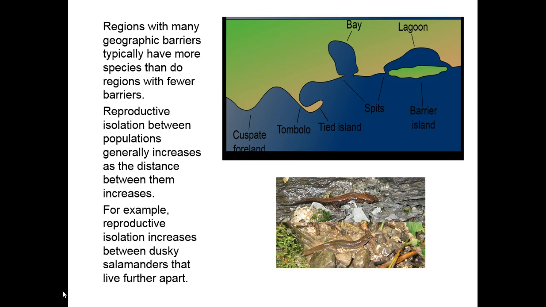The isolation clearly decreases between populations if the distance decreases, but if the distance increases, then the isolation is going to increase. That's a pretty obvious thing. Then we have an example of salamanders here who live pretty far apart.